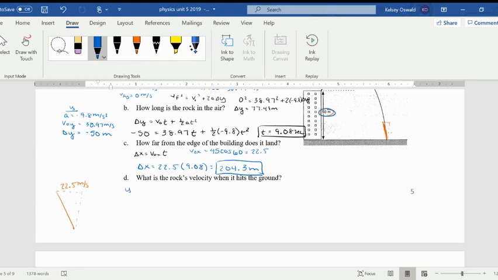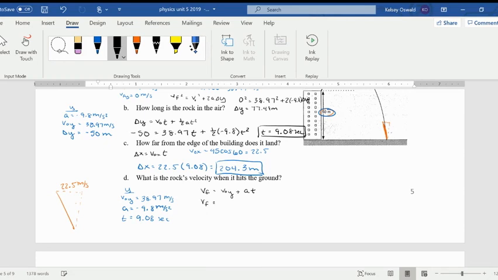It's vertically that we have acceleration. So that's where we're going to have a change in velocity. So we know our initial y velocity, our acceleration, and we know the time it takes the rock to hit the ground. So using that information, we can use our final velocity equation to solve for the vertical component of that final velocity right before it hits the ground.